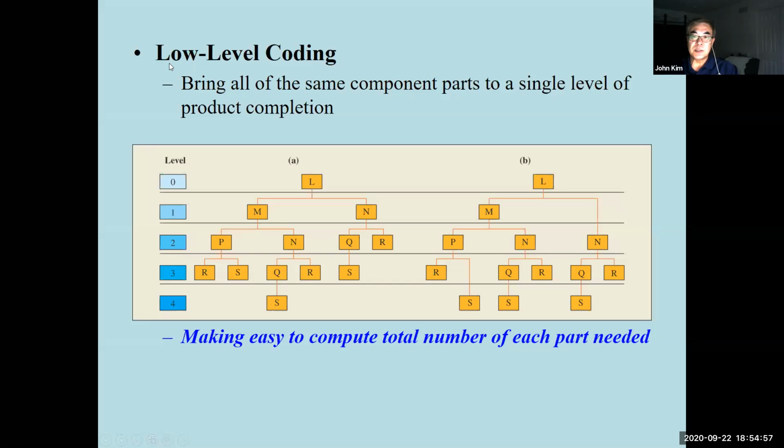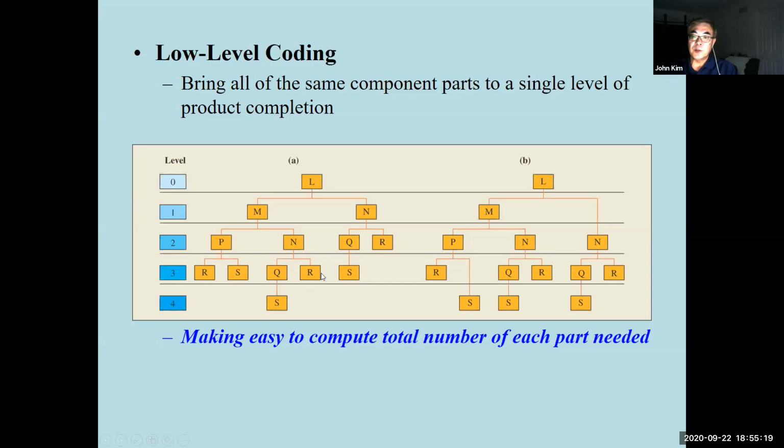Before low-level coding, the same part may be in different tiers or levels: part P here, R here in the second level, and then the third level here too.